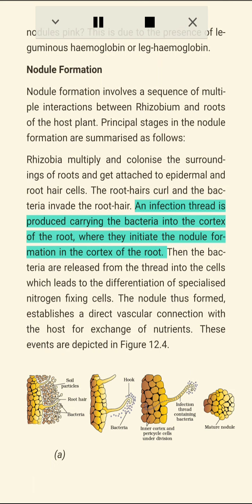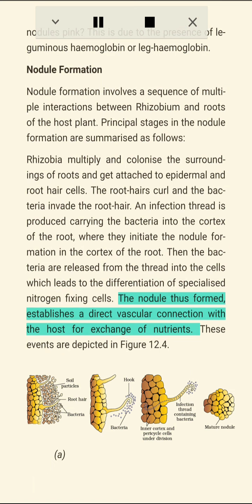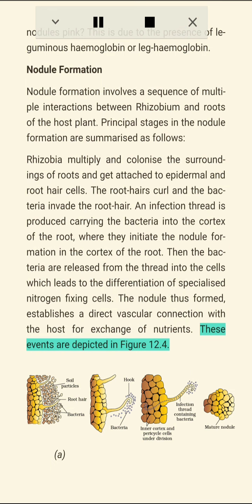An infection thread is produced carrying the bacteria into the cortex of the root, where they initiate the nodule formation. Then the bacteria are released from the thread into the cells, which leads to the differentiation of specialized nitrogen-fixing cells. The nodule thus formed establishes a direct vascular connection with the host for exchange of nutrients. These events are depicted in Figure 12.4.